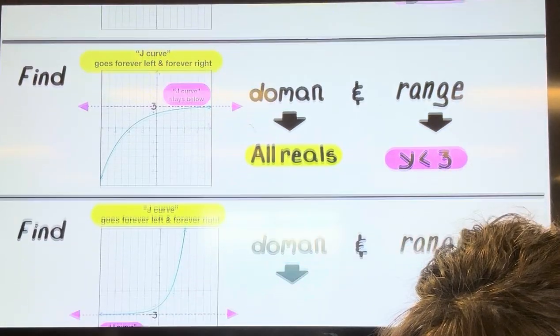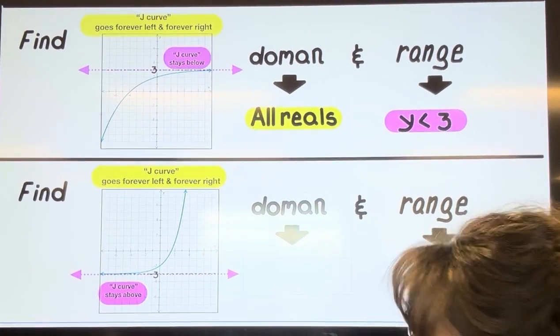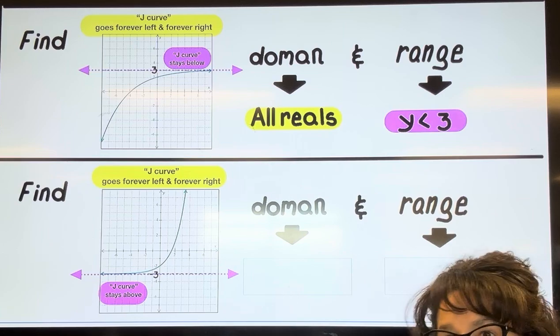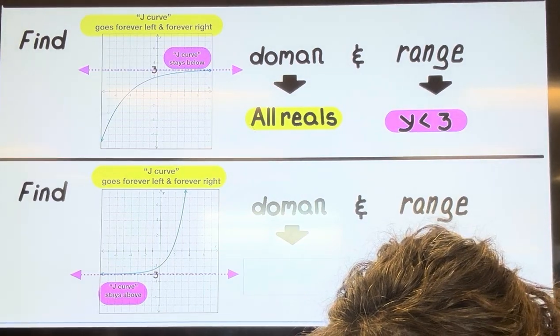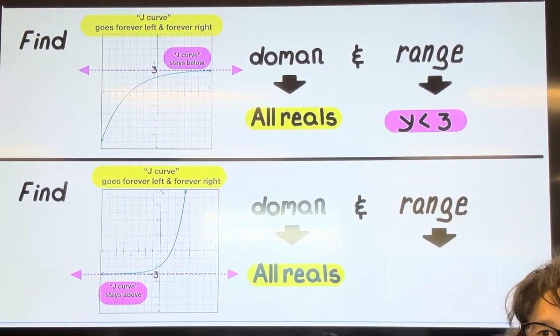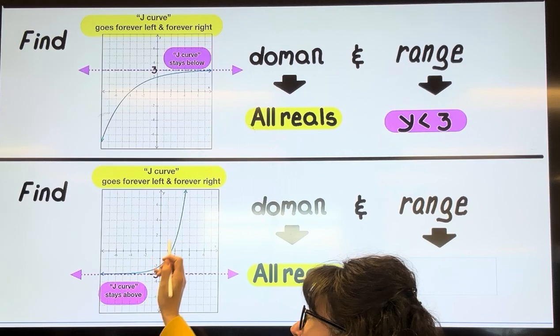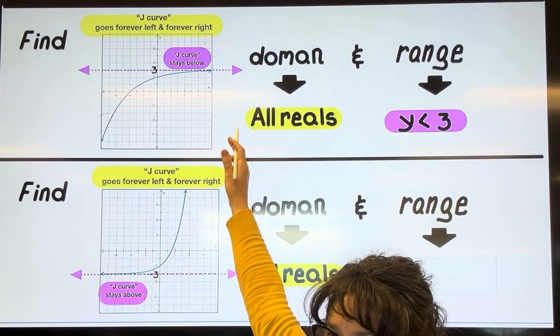Okay, last one here. Hopefully you're starting to see the pattern: the domain of every one of these exponential functions is all reals. This one goes forever to the left and moves forever to the right.